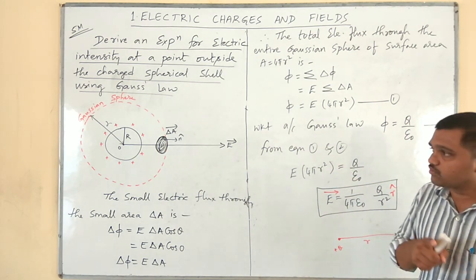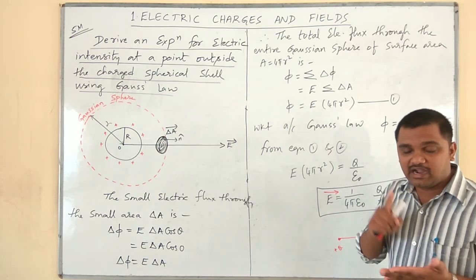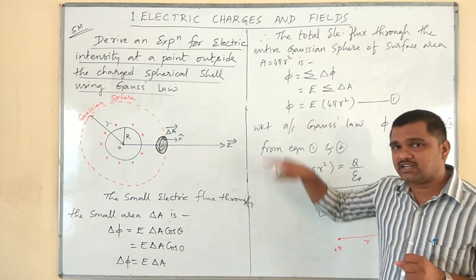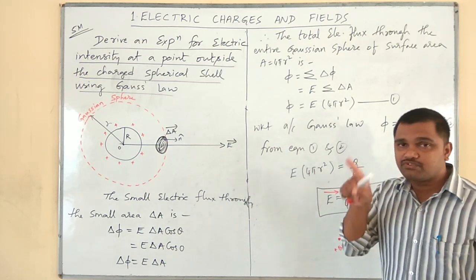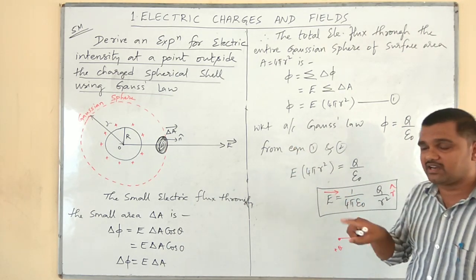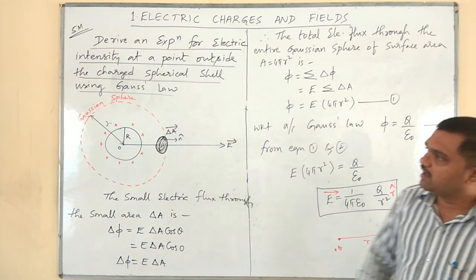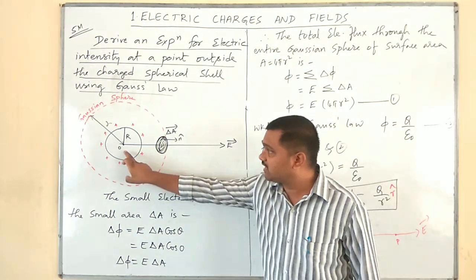Second, we have to calculate the total flux through the entire Gaussian surface. And third, we have to equate that total electric flux with the actual Gauss equation, phi is equal to Q divided by epsilon naught, otherwise 1 over epsilon naught times Q. I have considered one spherical shell here having radius capital R, center O.